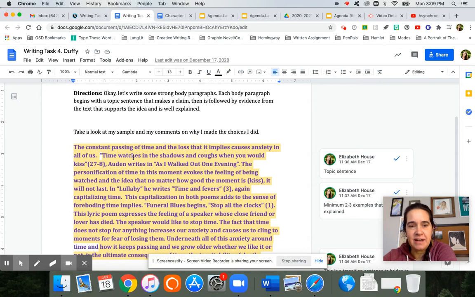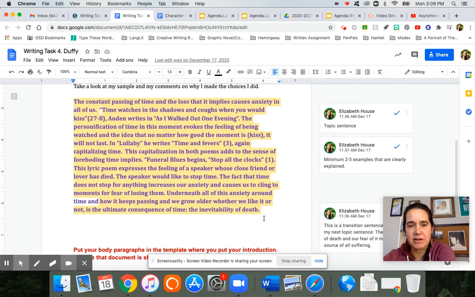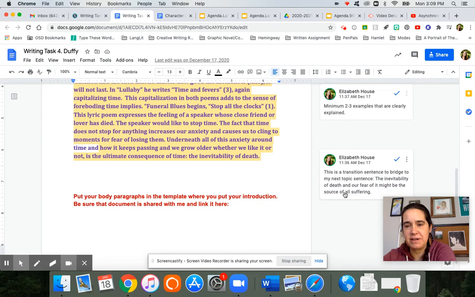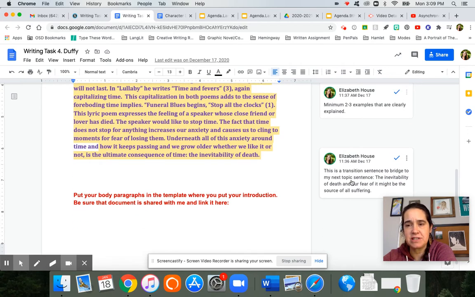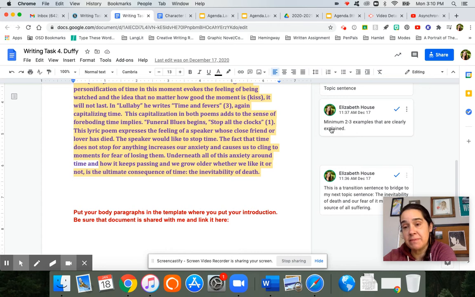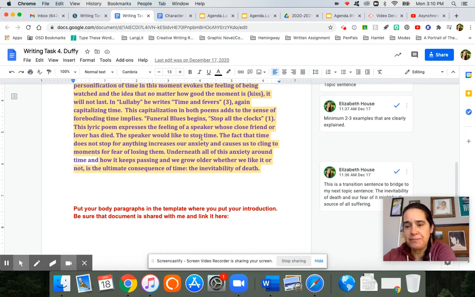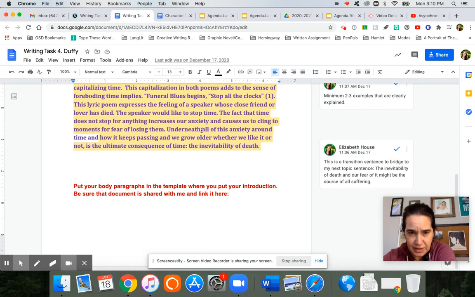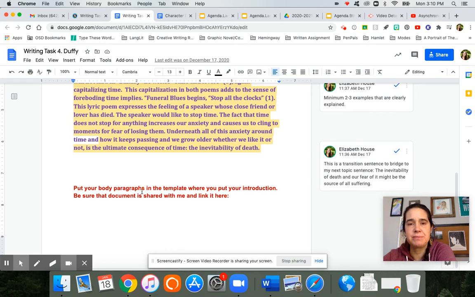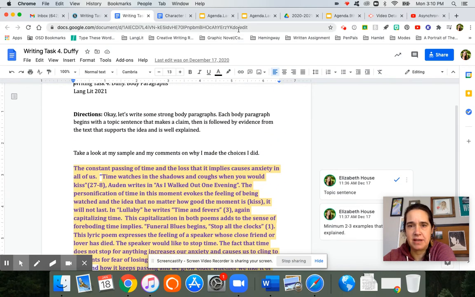Here's an example of what could make a good body paragraph, what comes after the topic sentence, with explanations as to what is there and why I made the choices. It talks about transition sentences, and about the fact that you need a minimum of 2 to 3 examples that are clearly explained in order for your claim to really resonate as believable and persuasive. Then you're going to put those body paragraphs into your template and turn them in.